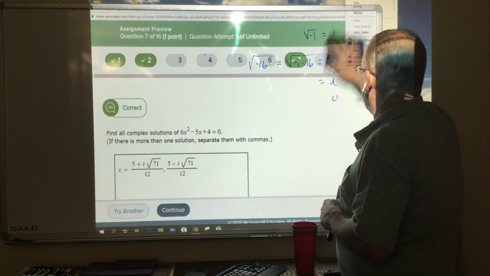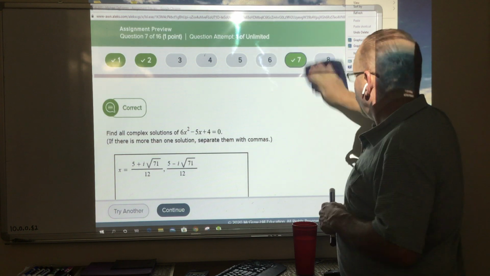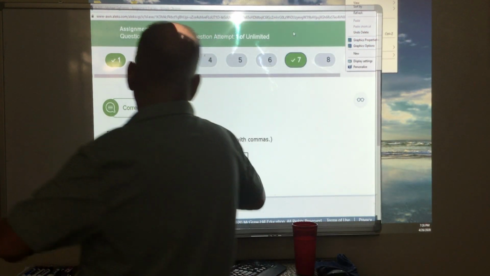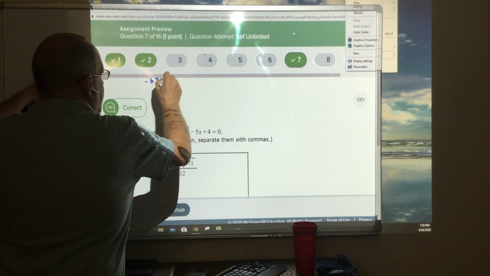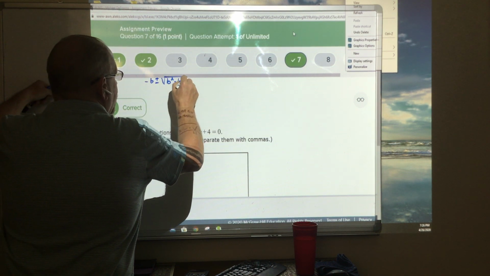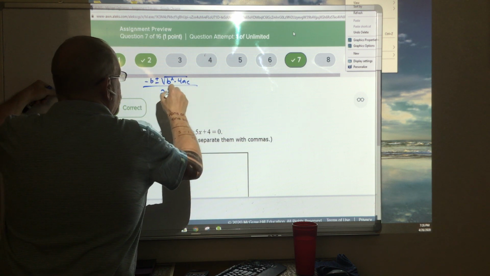So we're going to use the quadratic formula. X equals -b plus or minus the square root of b squared minus 4ac, all over 2a.